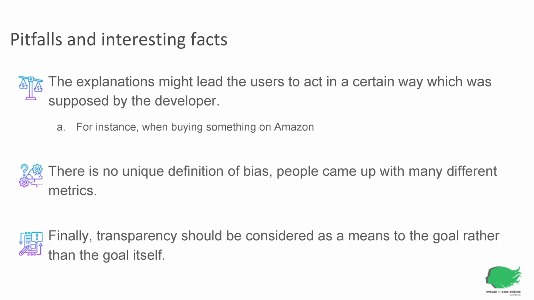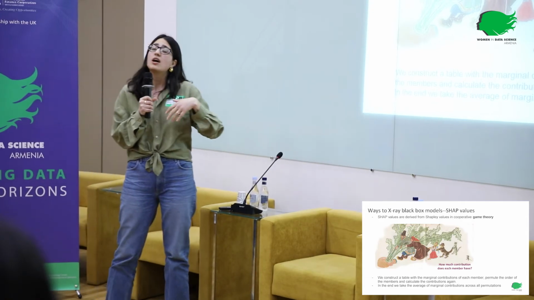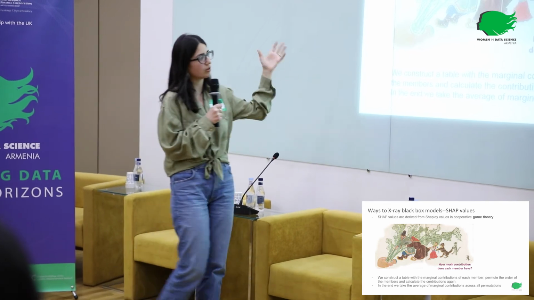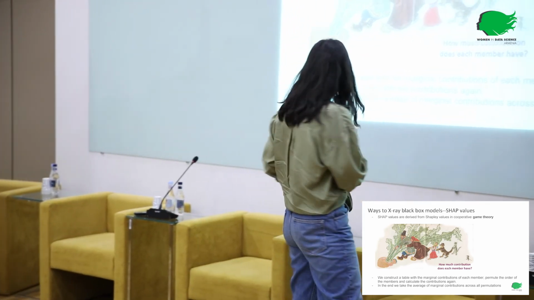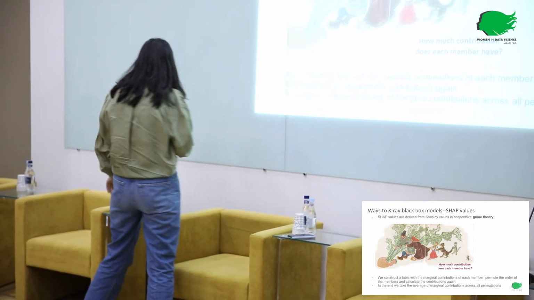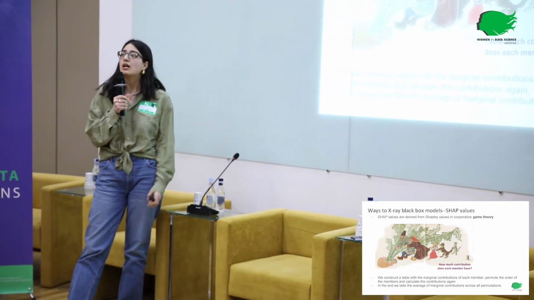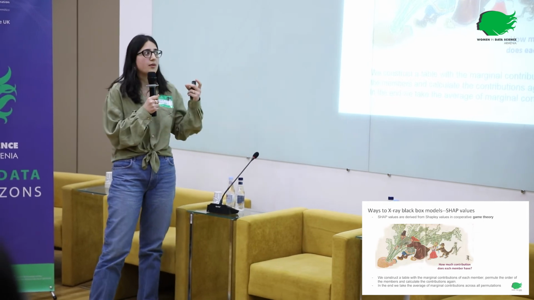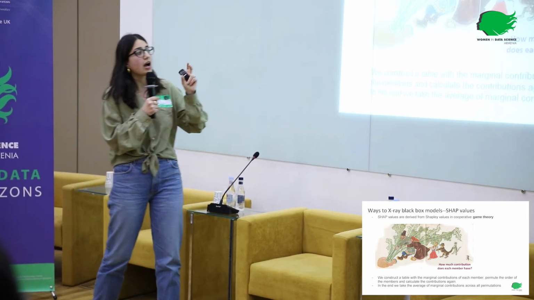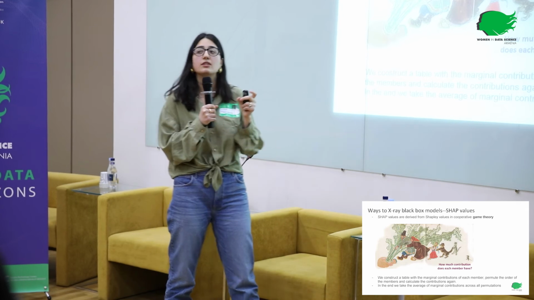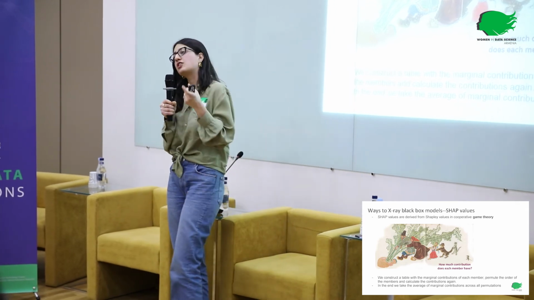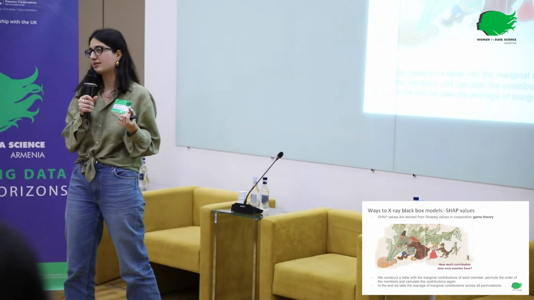Then in the end we can just average all the contributions over the whole list of permutations. So this is again a very, very useful and very powerful method to use when we want to explain how much each variable contributes to the final prediction of our black box models.